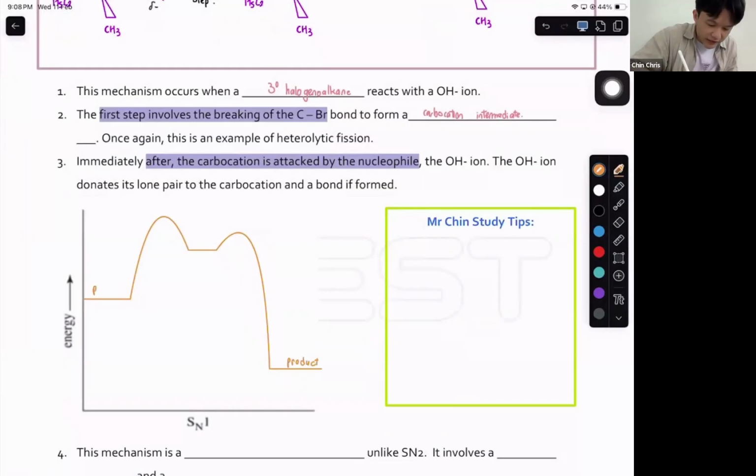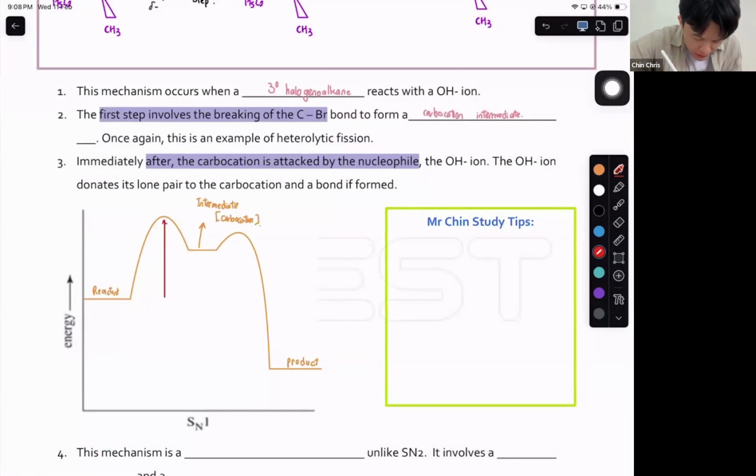Product, reactant. In between this is where our intermediate is formed. The carbocation, understand? A carbocation intermediate is formed.